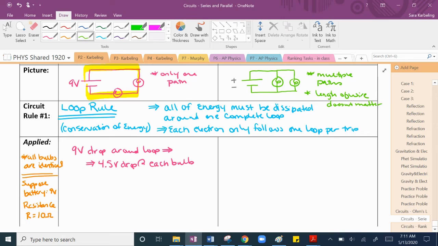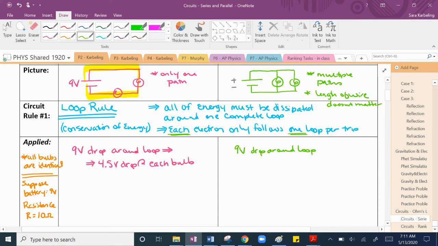Let's go over to our parallel circuit. In this case, we have a 9-volt drop around the loop as well, right? Let's fix that. Okay. But electrons are only going to go through one bulb or the other. Remember, we said that each electron only follows one loop per trip.